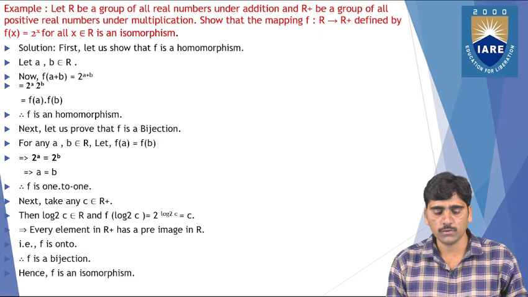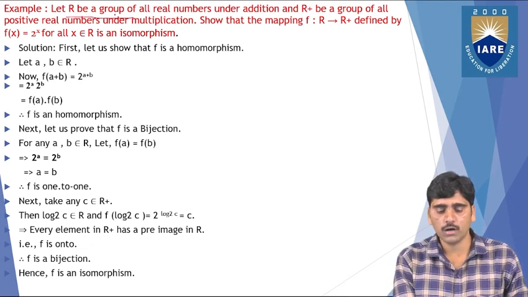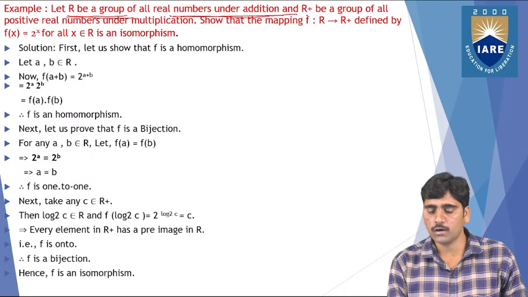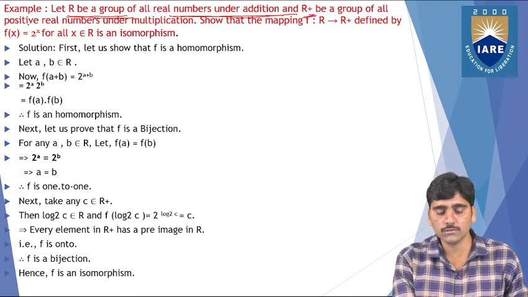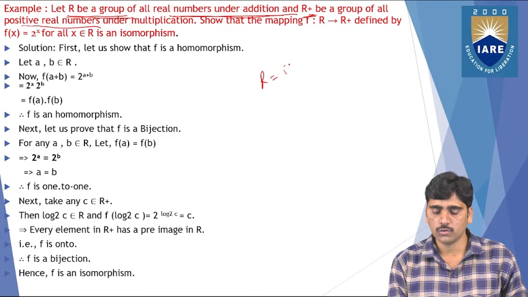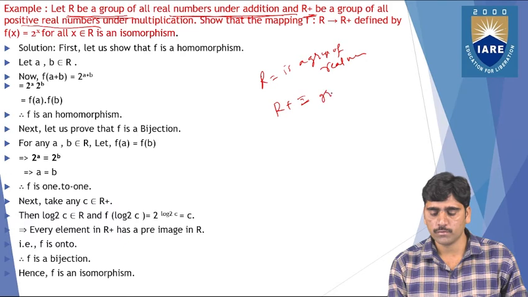So we will see one example. Let R be the group of all real numbers under addition, and R plus be the group of all positive real numbers under multiplication.